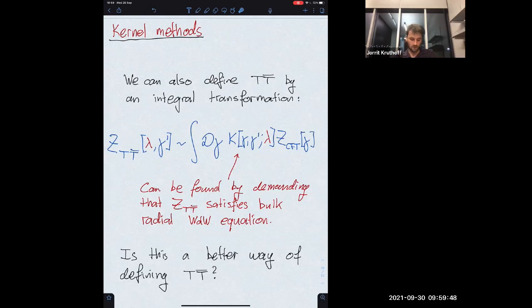And the nice thing I think about these kernel methods is that perhaps they form a better way of defining the T T-bar deformation, especially for this holographic sign, where the spectrum becomes complex. Perhaps you can deform the contour of this path integral here to make that well defined.